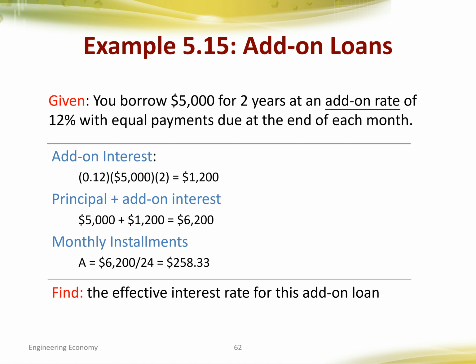So based on the formula we saw previously, we will compute the interest that we need to pay. 12% by 5,000 by 2 years, so we'll pay 1,200. Okay, and we take 5,000 plus 1,200, which comes to 6,200, and divided by 24 months. 24 months, again, this is given by design.